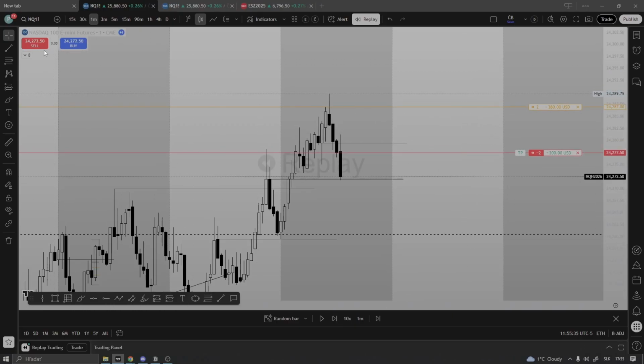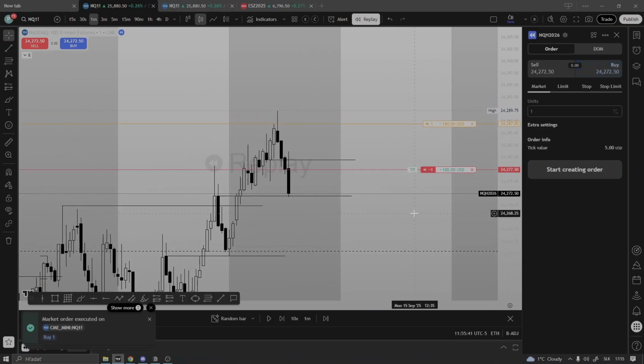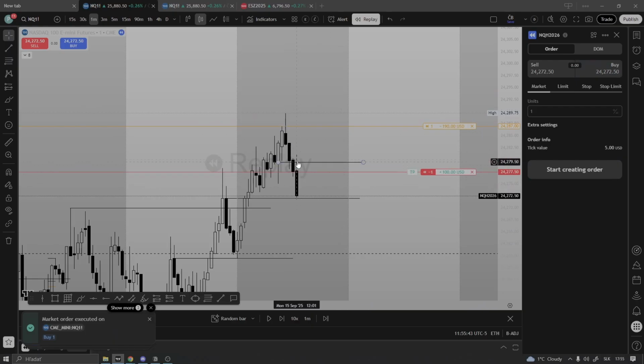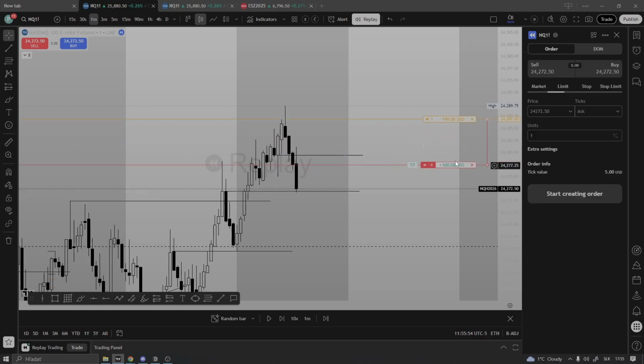Okay, take one off right here. Also, this candle basically wicked higher into that FVG plus CISD retest. Also, kind of sweeping the previous candle high, meaning we can put our stop loss right here.